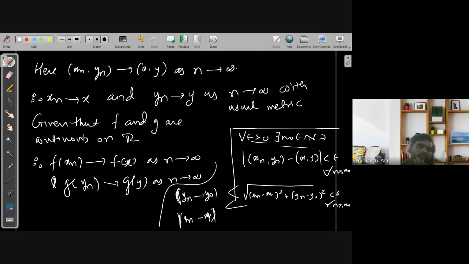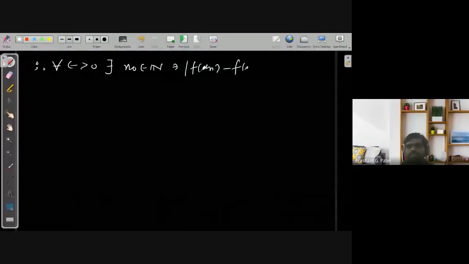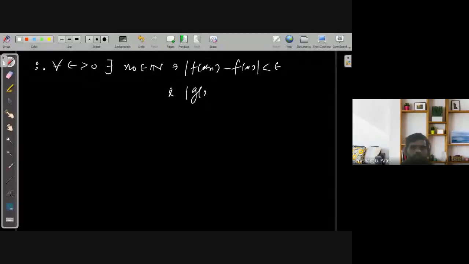So what does this mean? Let us write. Therefore, for given epsilon greater than 0, there exists n0 belongs to N such that the modulus of f of xn minus f of x is less than epsilon, and the modulus of g of yn minus g of y is less than epsilon for every n greater than or equal to n0.